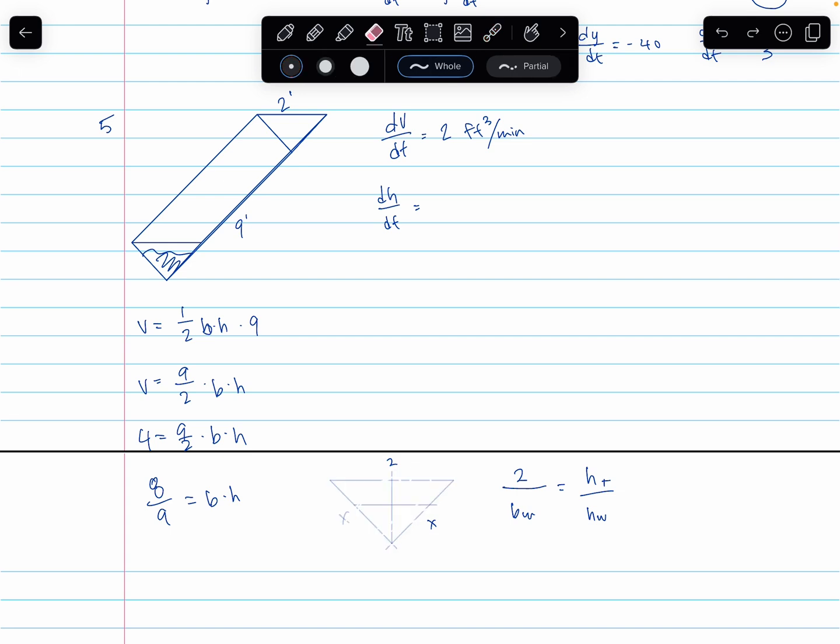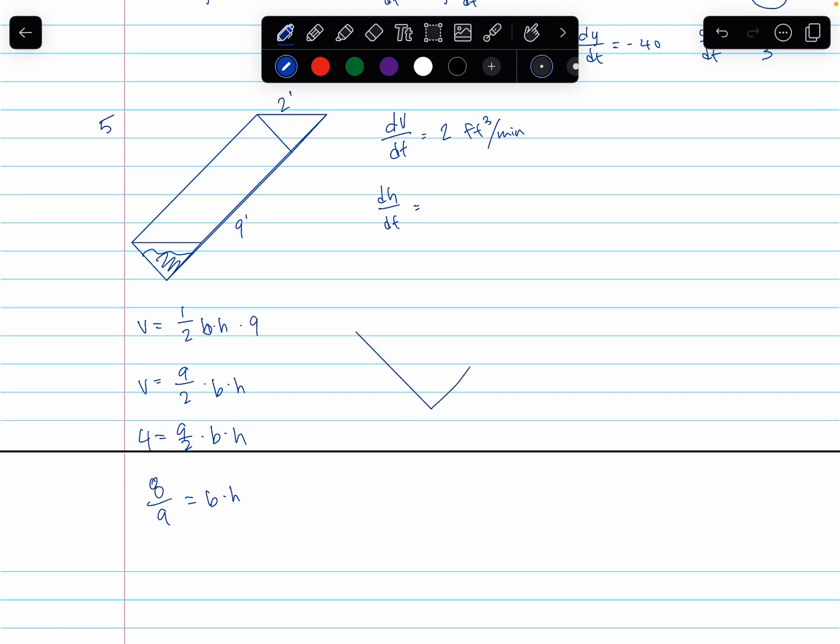Here, I'm not seeing it very well. I'm going to redraw this. So we have the trough. So we got the trough here. And in this trough right here, we know that this is 2, this is X, and this is X right here. But then we also have to think about the triangle that we have, and the water that's filling up, right?